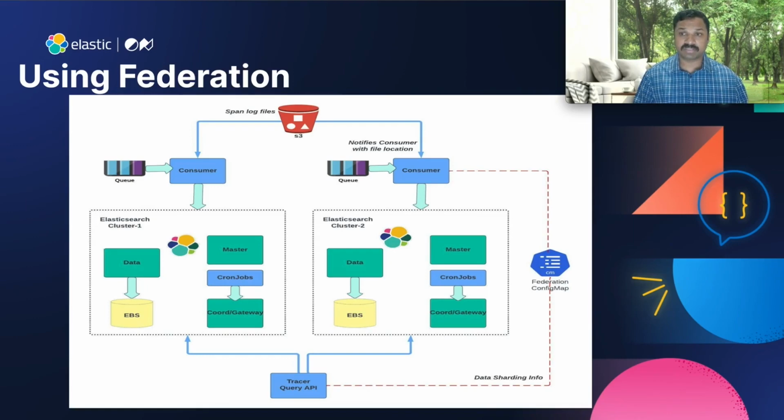So config map is a popular mechanism that we use for discovery of common resources. The config map here has information about what data goes to which particular Elasticsearch cluster, and even our query component, the query API, knows this information through the same federated config map.